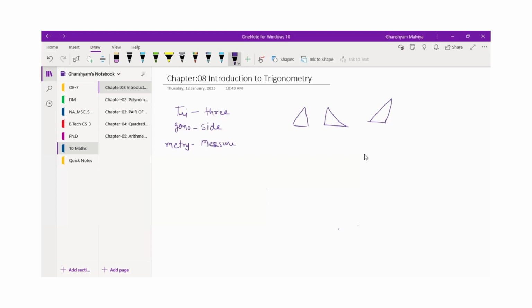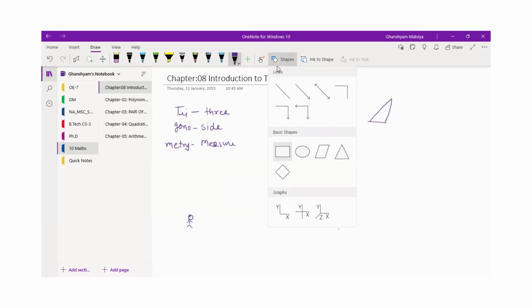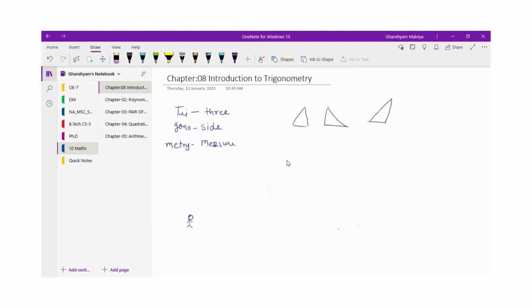Suppose I want to give an example here. One person is standing in front of a tower.